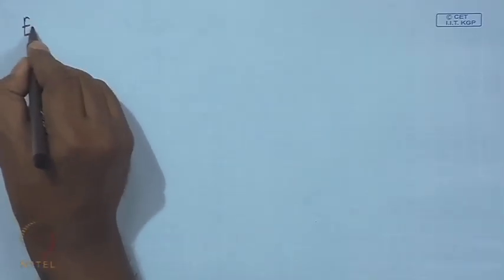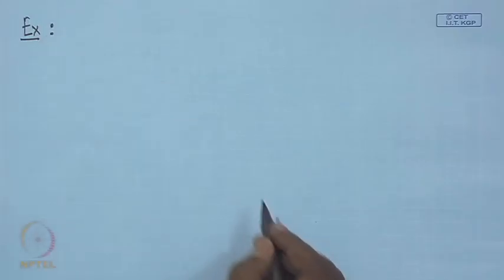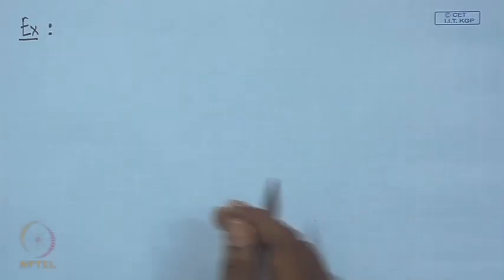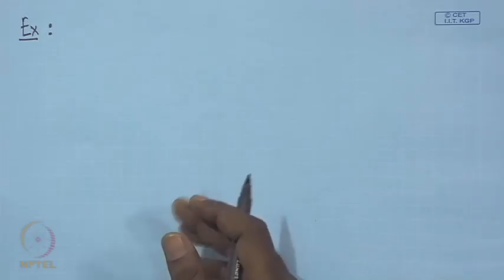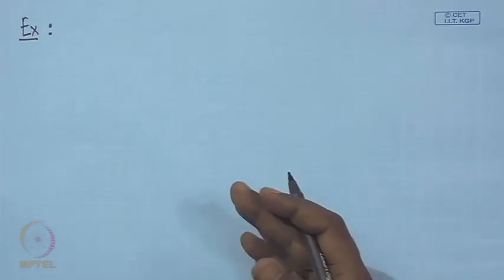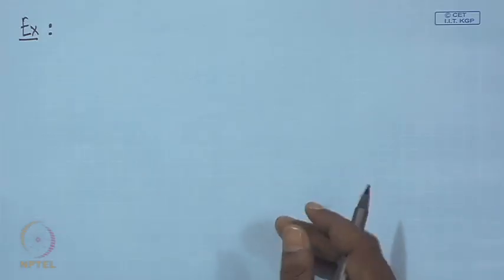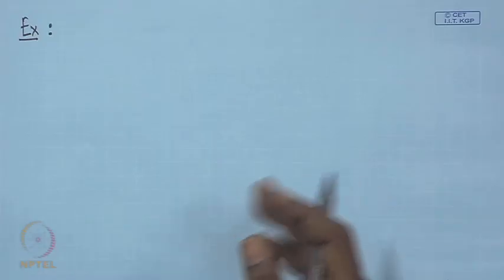Next, I will take up an example to demonstrate this method. Again, I will be taking up a two-dimensional problem so that this can be solved in the class here, but one can do a similar thing for a multivariable, multi-dimensional problem using numerical techniques.